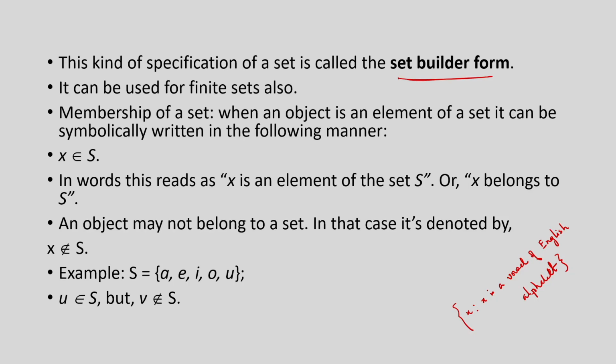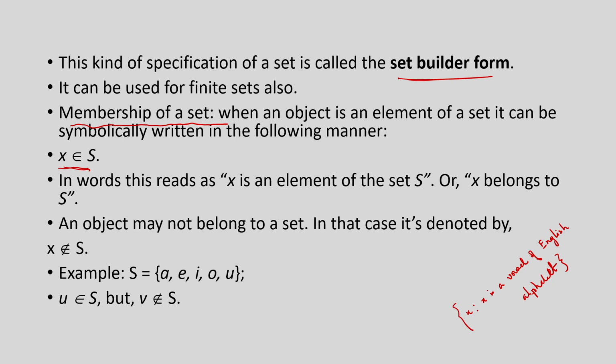Membership of a set. When an object is an element of a set, it can be symbolically written in the following manner. X, and you have a sign, and this sign stands for what? It looks like the epsilon sign in the Greek alphabet, and this sign denotes something.